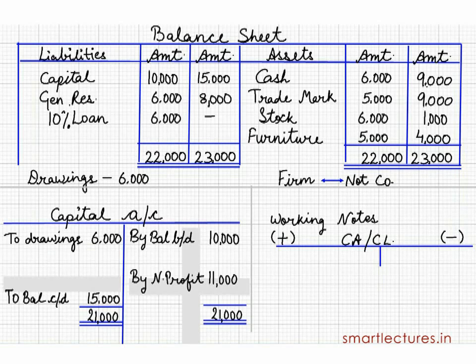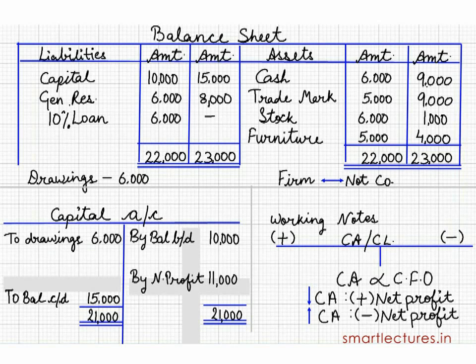One thing more I would like to remind you: current assets and cash from operation have an opposite relationship. If there is a decrease in the current asset, this amount will be added to net profit. If there is an increase in the current asset, that will be deducted from net profit to reach cash from operation.